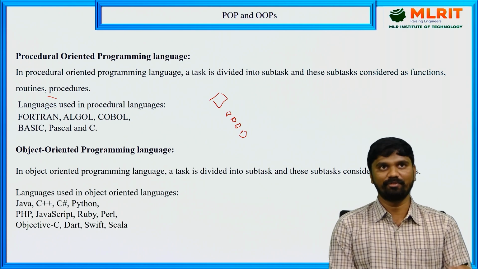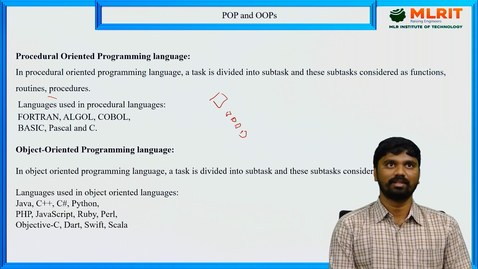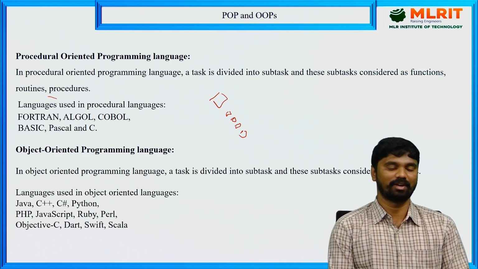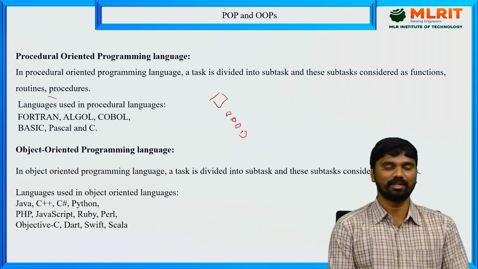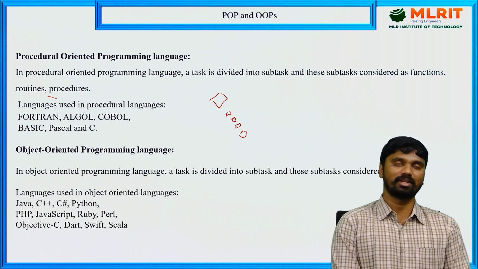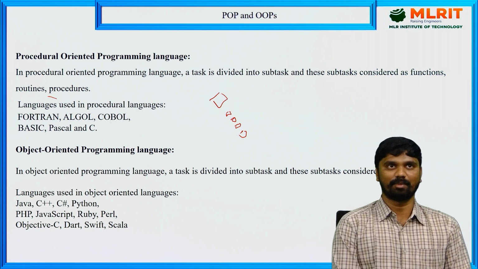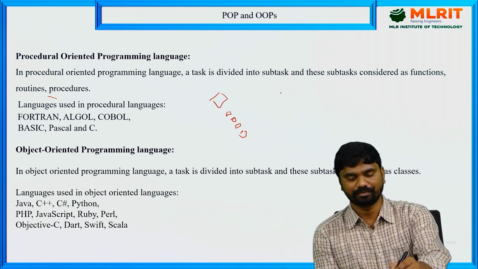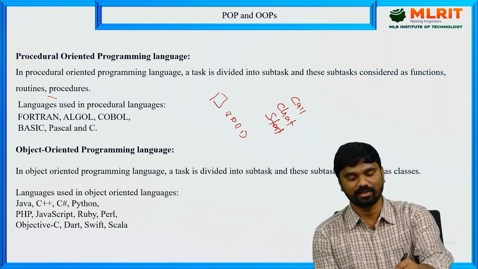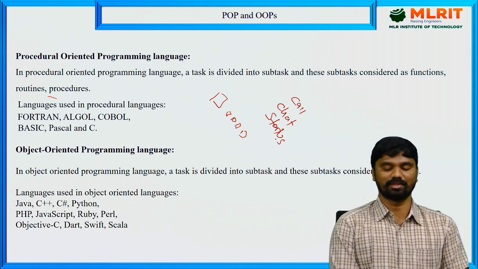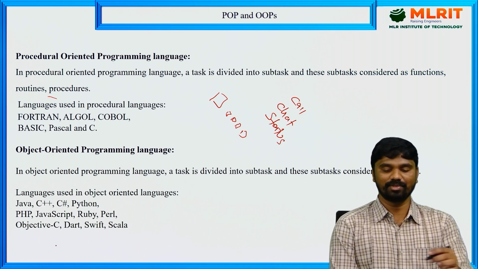For example, suppose the task is that we have to develop the WhatsApp application. The WhatsApp application is considered as a task. Now the task is divided into subtasks. For example, the subtasks are call, chat, and status. Just consider these, because these are the main three things in our WhatsApp application.